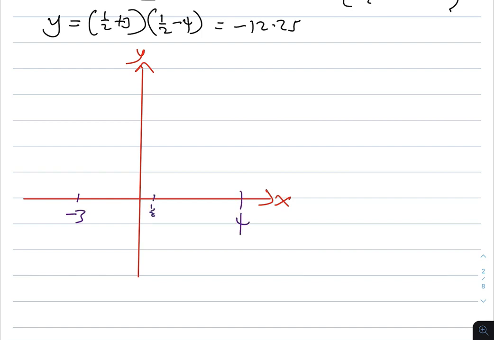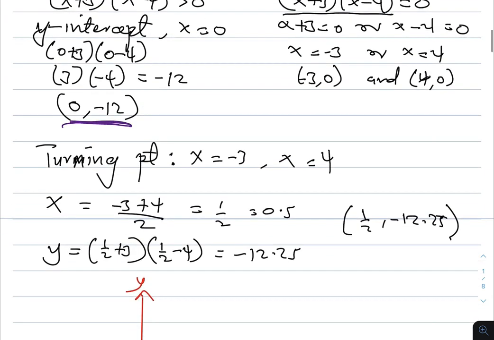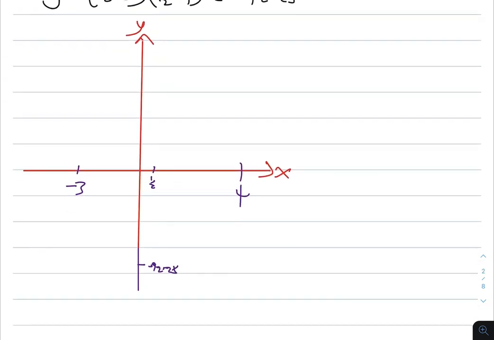Let's say this is a half, and then -12.25. So let me extend this a little bit. We expect the curve to turn around this point. And then we also said that the y-intercept is -12. So we are going to sketch our curve like this.